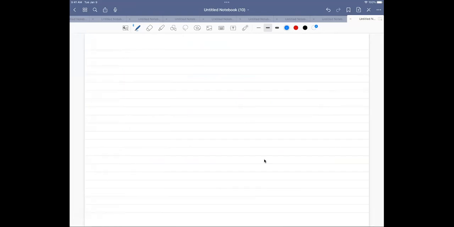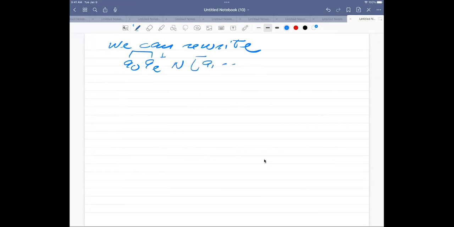If I now insert this one, so we can rewrite. And then I have my A dagger, AL, multiplied with this product here of A1 up to AN.